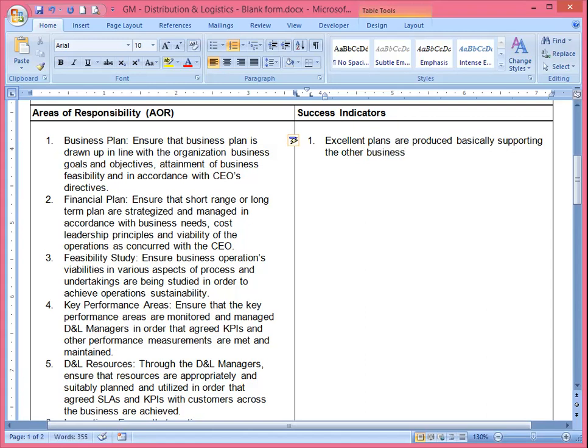Especially if you have many SBUs. You know SBUs? Strategic Business Unit. You are a diverse company and you have lots of other businesses, okay? So you are servicing all those businesses with your distribution and logistics. So you are also supporting them, right?